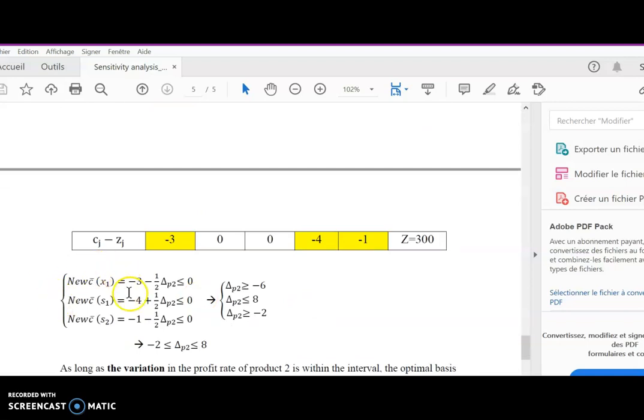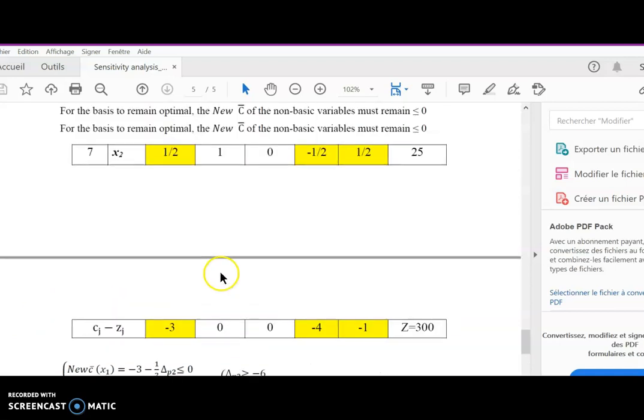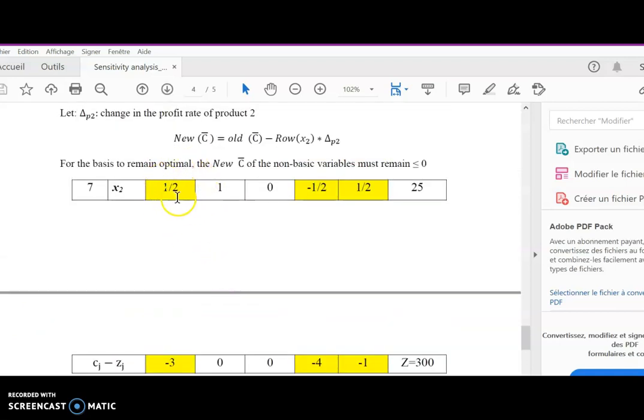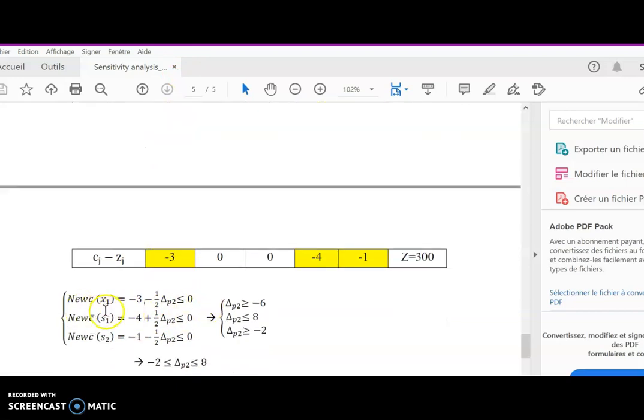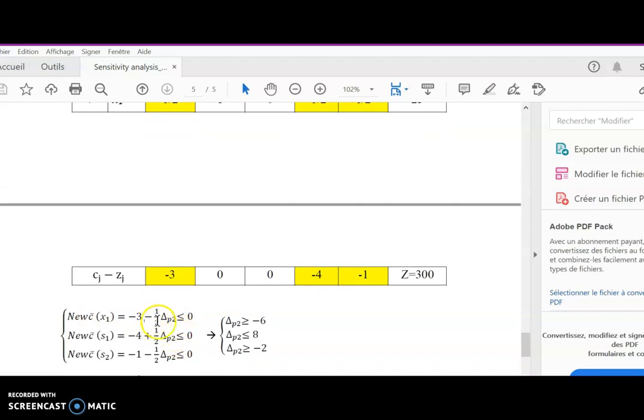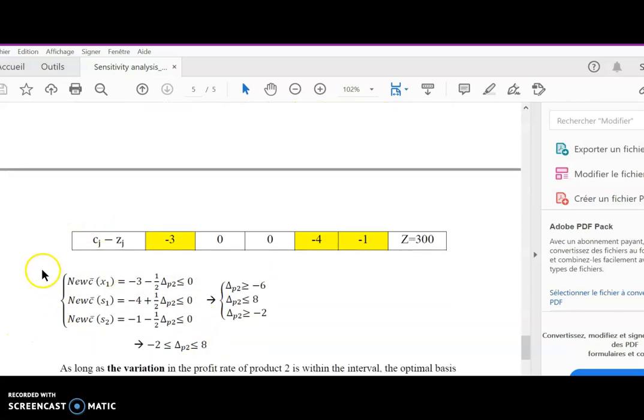So for x1, it's equal to minus 3, which is the old value, minus the value in the row of x2, which is 1/2. It's right above the c-bar value of minus 3, and we'll multiply that by delta P2. So this value must remain negative for the current basis to remain optimal. Actually, these three should remain negative.